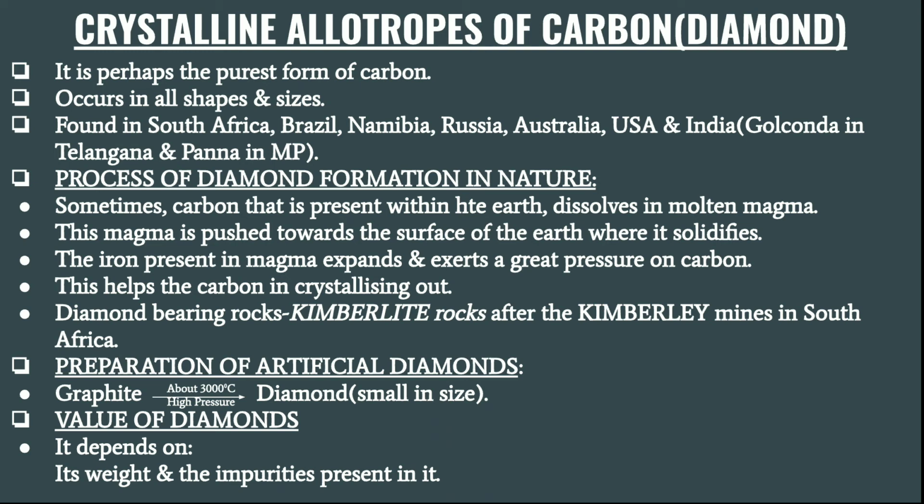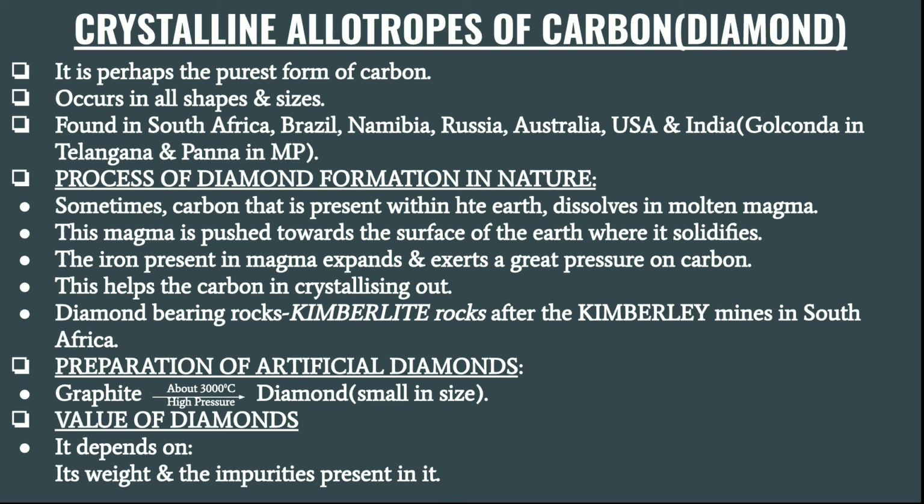Now I'll discuss the artificial preparation of diamond. When graphite is heated to about 3000 degrees centigrade under high pressure, it changes to diamond, which is small in size.